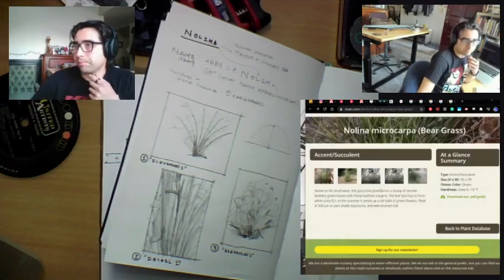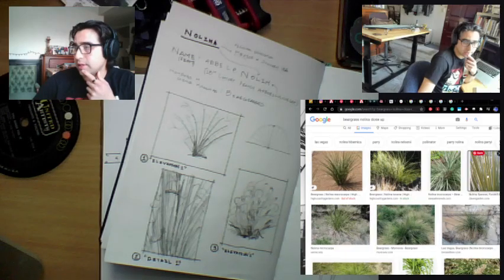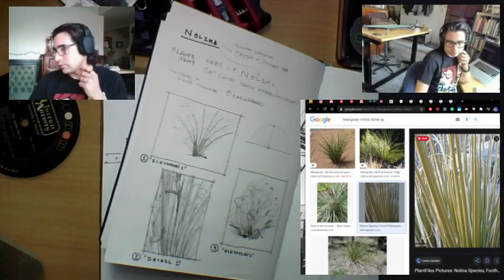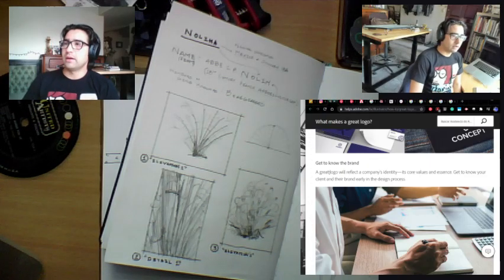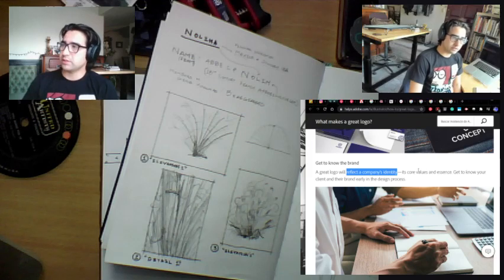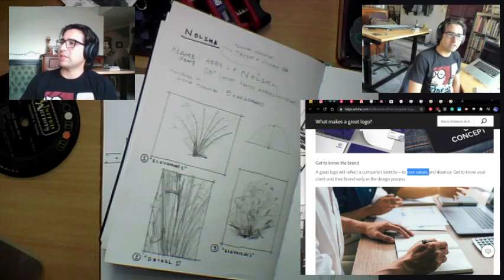So perhaps, what I'm realizing is that doing something like this, or using moving forward something like this, I don't know if it's specific enough to this species, right? Because again, as part of a great logo, we want to reflect a company's identity, in this case, the species identity, its core values and essence.